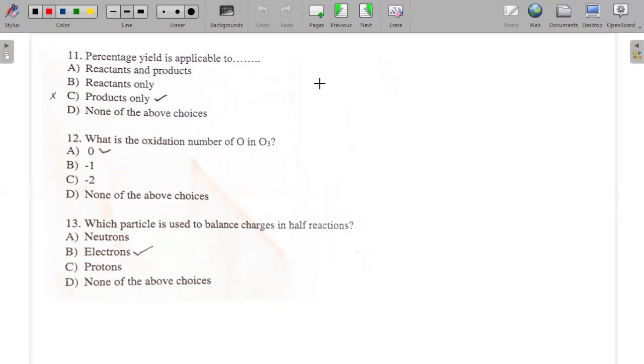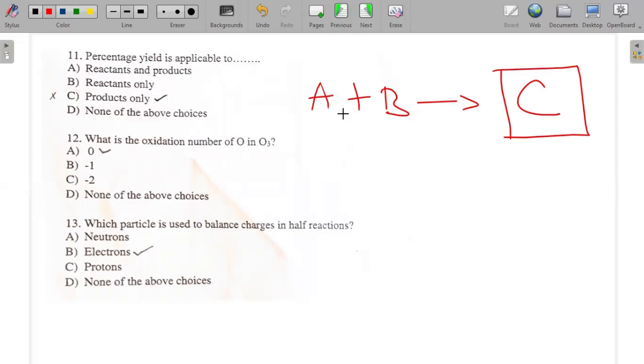Let's say we have reactant A plus reactant B, and you want to produce product C. The percentage yield will be only applicable to what you're producing here and never to the reactants. So we're going to pick C. It's only applied to the product.